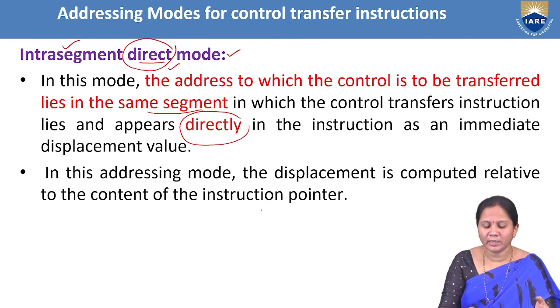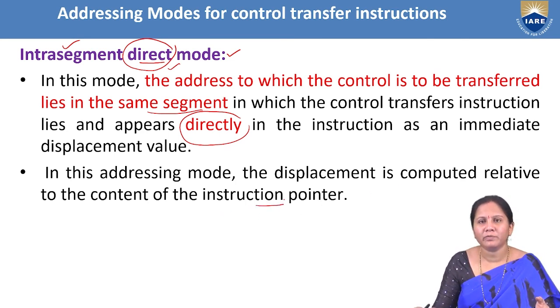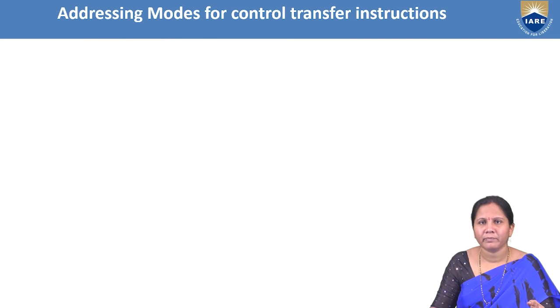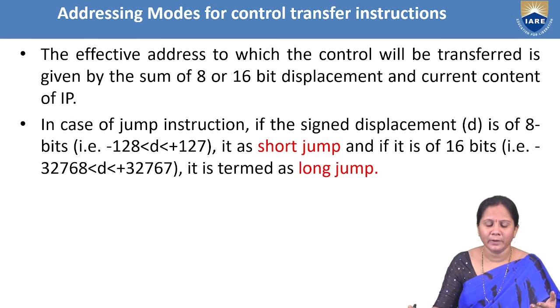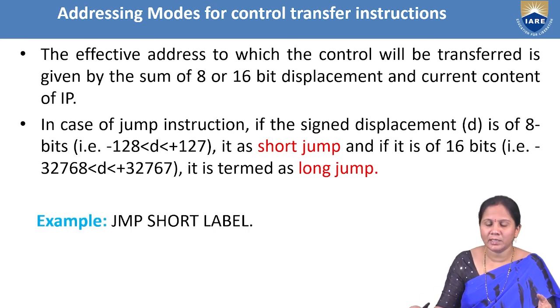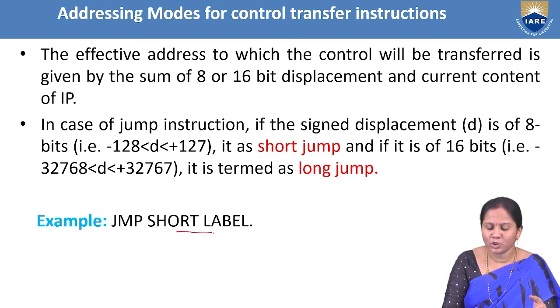Now, in this addressing mode, the displacement is computed relative to the content of the instruction pointer. Generally we will go for 8 or 16-bit displacement. Generally this is the instruction format: JMP short label.